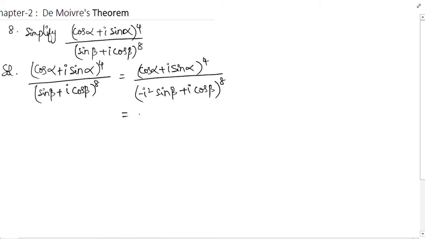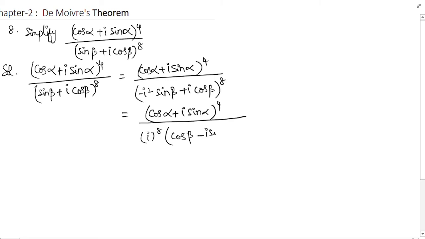Okay, which is equal to (cos alpha plus i sin alpha) to the power 4 divided by i power 8 into (cos beta minus i sin beta) to the power 8.